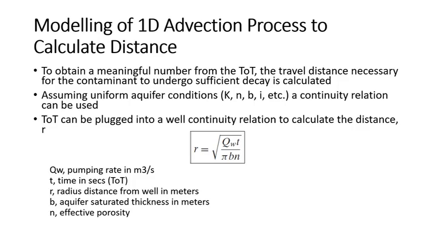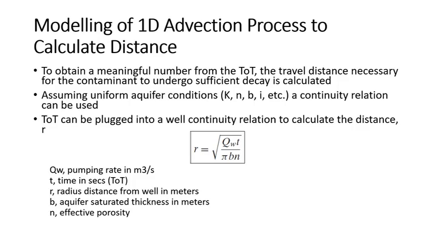The equation is R is equal to the square root of Q sub W times T divided by pi B n. Q sub W is your pumping rate in cubic meters per second. T is the time in seconds, or your time of travel. R is the radius distance from the well to the contaminant source.